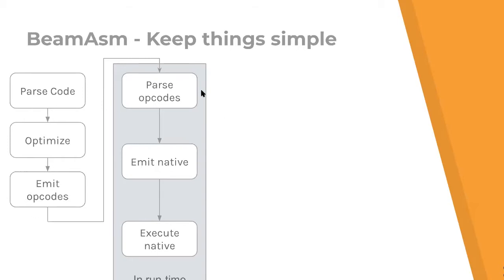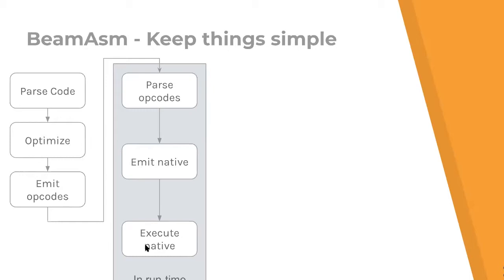Then at runtime, for the just-in-time compiler, we parse the opcodes, emit the native code, and then we execute native code here. In the interpreter, instead, we would parse the opcodes and emit them into an intermediate format that would be interpreted at runtime.